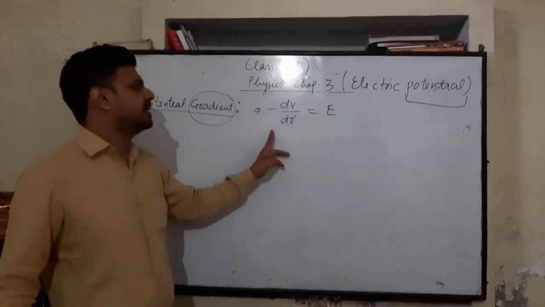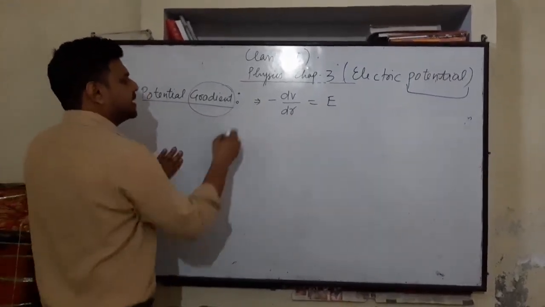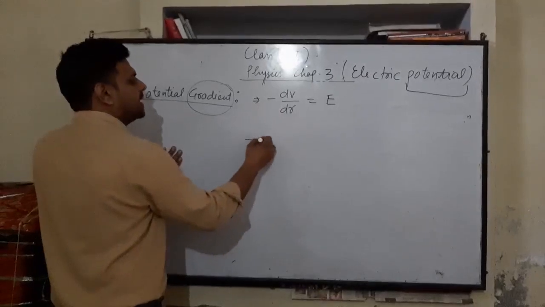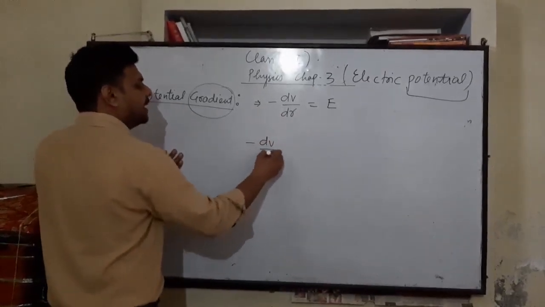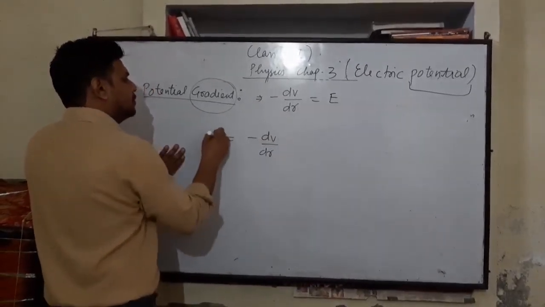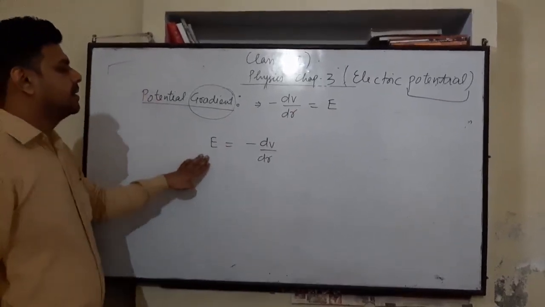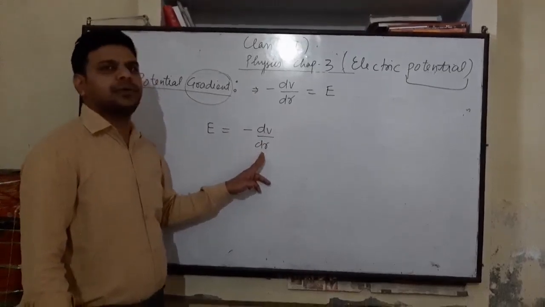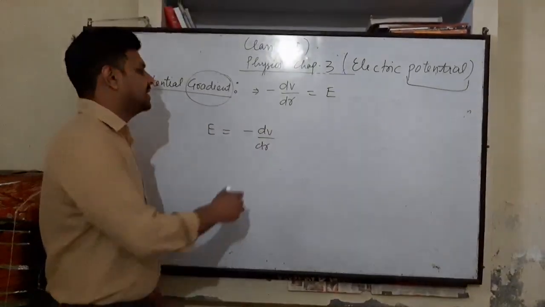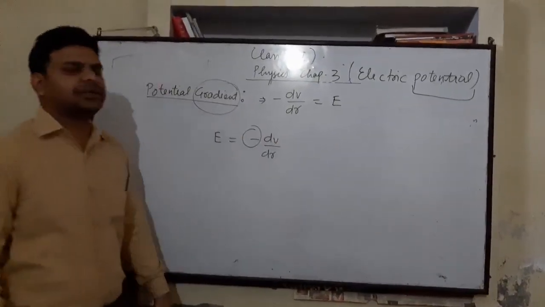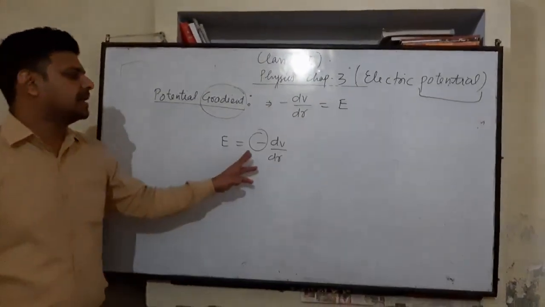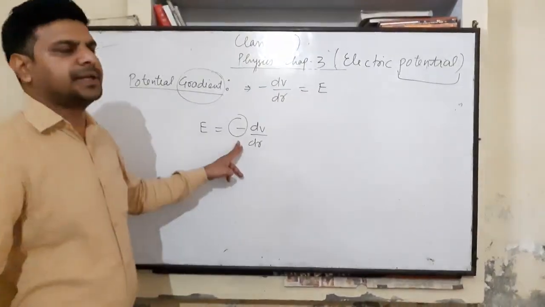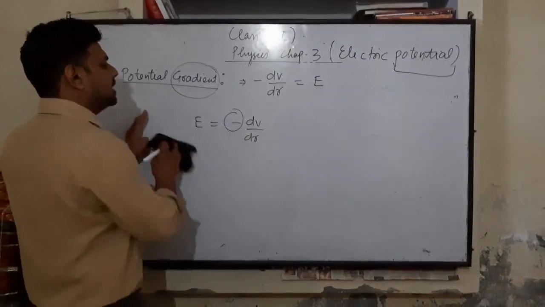This negative sign shows that in the direction of electric field the potential decreases.